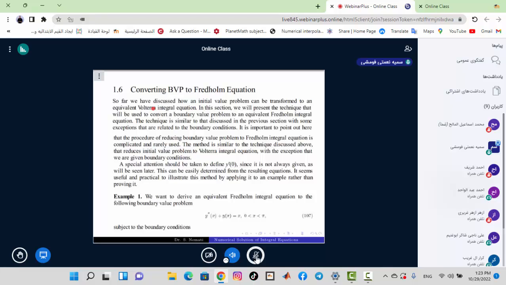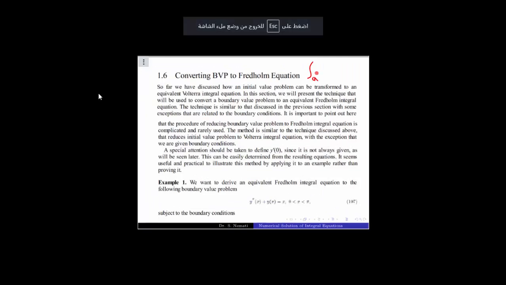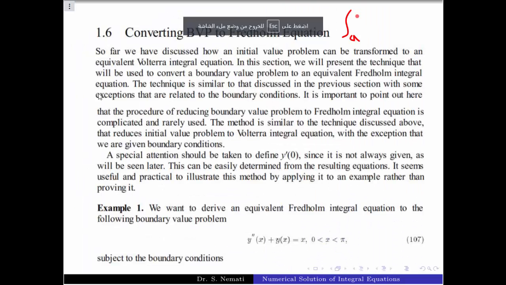What about the Fredholm integral equation? If you remember, for the Fredholm integral equation, the lower bound and upper bound are constants or fixed numbers. We have the integral of some expression from a to b.